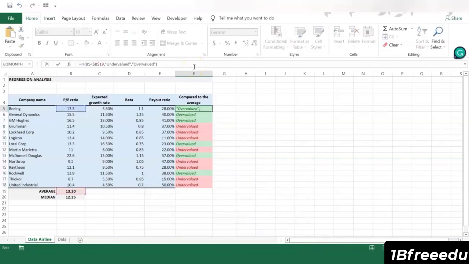We use an if statement to check if the P/E ratio for each company is greater or lower than the industry average. Those companies that have P/E ratio greater than the average are overvalued, and those who are below are undervalued.